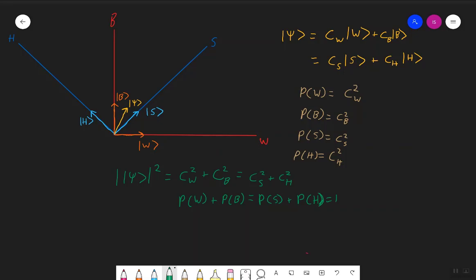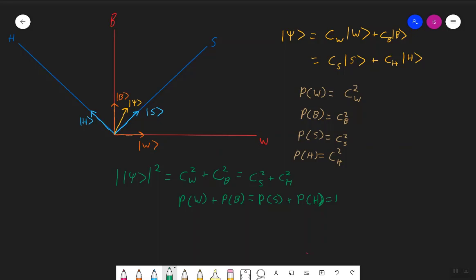Now, the only way that both of these equations can be true is if the probability is proportional to the square. Now, we could theoretically, if you wanted to, say that the probability is 2 times the coefficient squared, but then it would just be unnecessary complications in there.